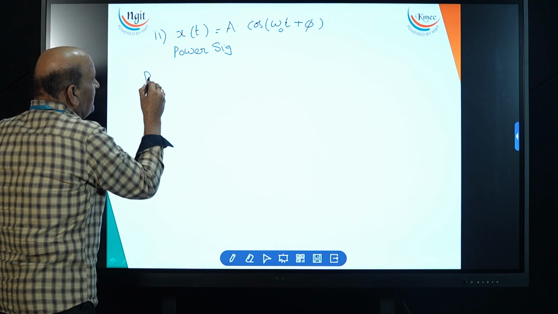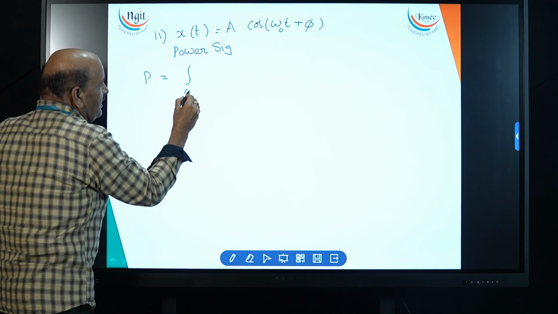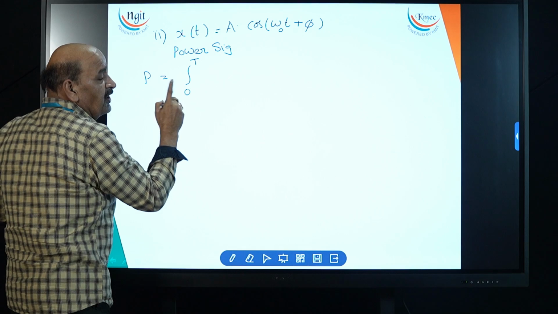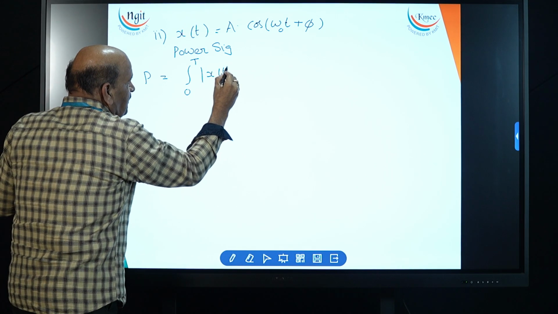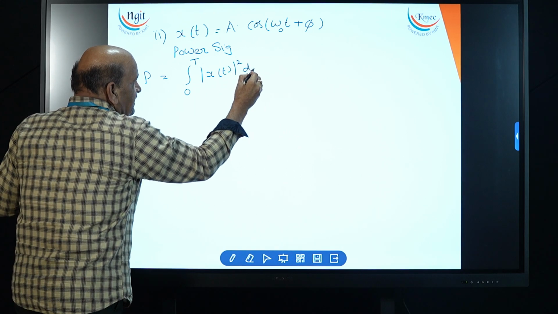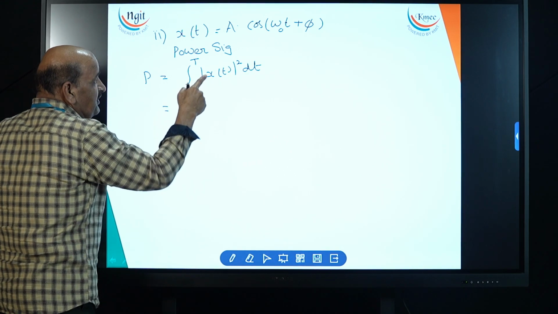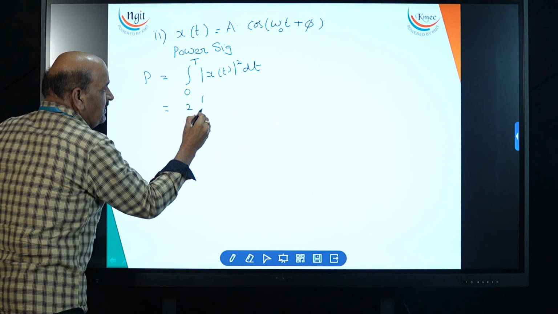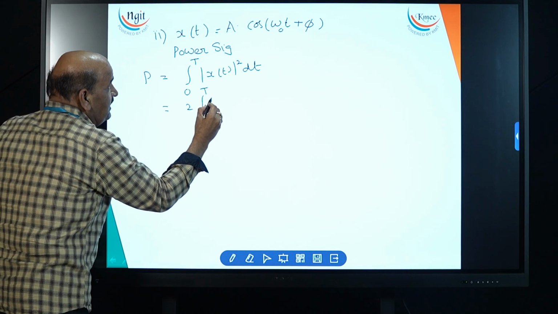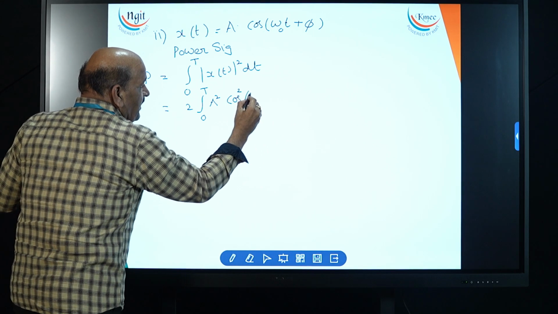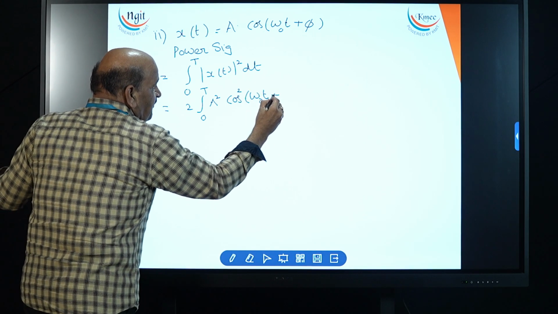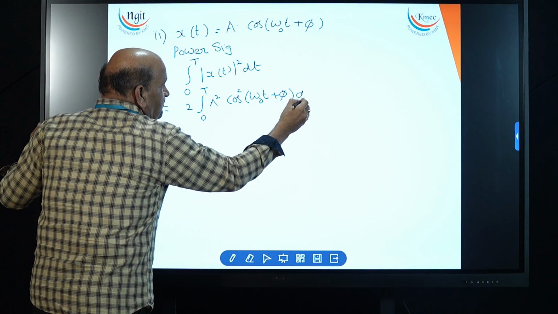So to calculate the power of the signal, we have to take the integral from 0 to T, not infinity, of the given signal x of t whole square dt. Since there is a square, it can be written as the integral from 0 to T of A square cos square of omega naught t plus phi dt.